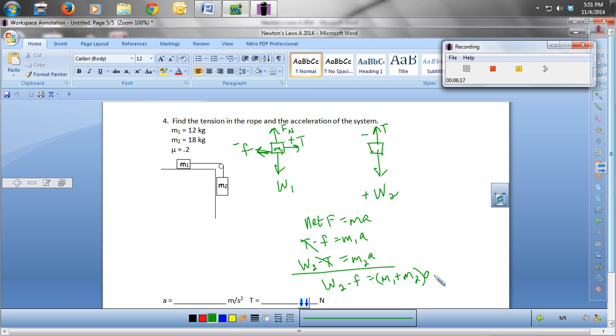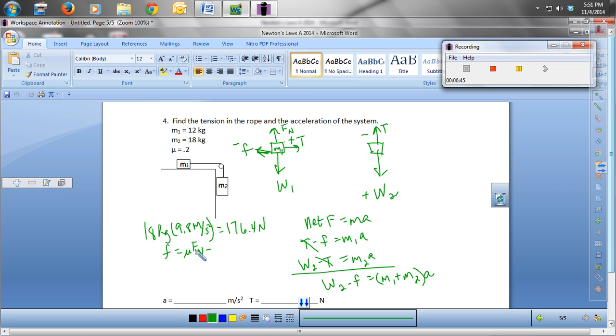So W2 minus F is equal to the total mass times the resulting acceleration. All right, well, let's get weight 2. Weight 2 is 18 kilograms times 9.8 meters per second squared. When I multiplied those, I believe I got 176.4. So there was weight 2. Friction was mu times force normal.